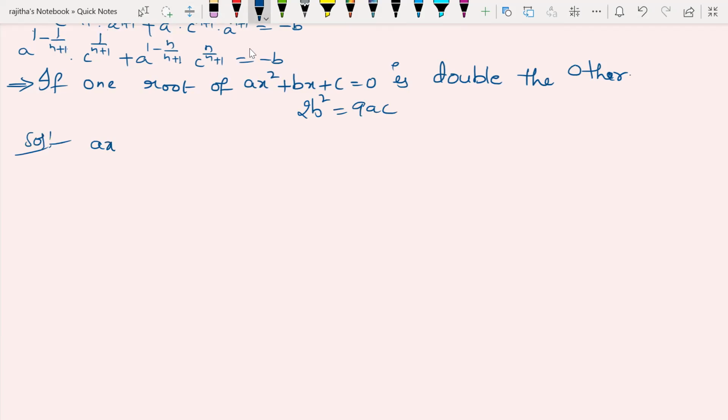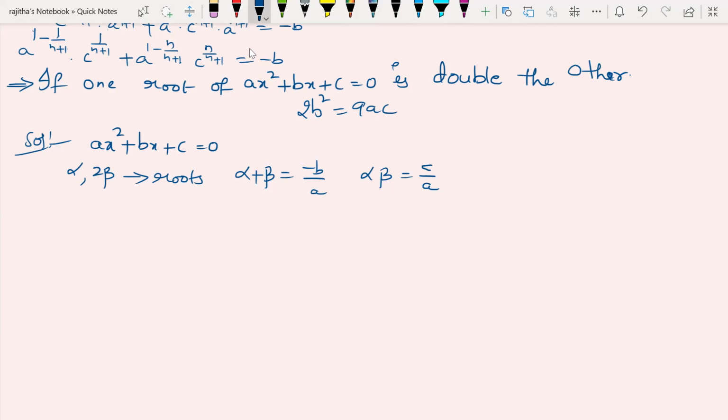Here the given equation is ax square plus bx plus c is equal to 0. Here alpha and 2 beta are the roots. Generally, alpha plus beta is minus b by a and alpha beta is c by a.